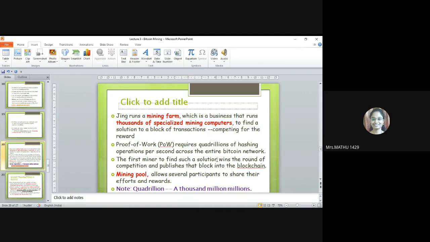The advantage is that a group of people join together to use all the resources. Hence, whenever a particular block is validated by them, the reward can be shared among them. That is an advantage.